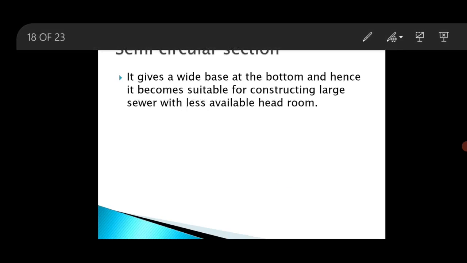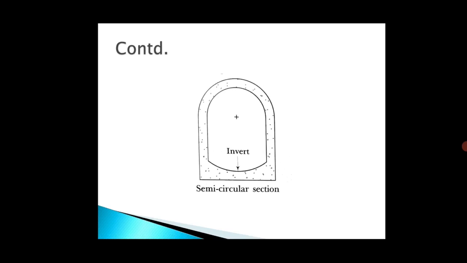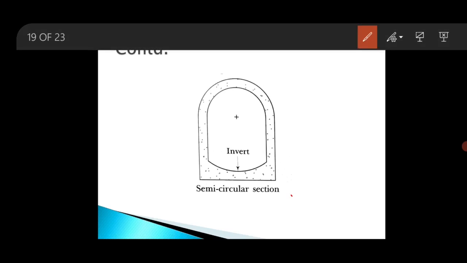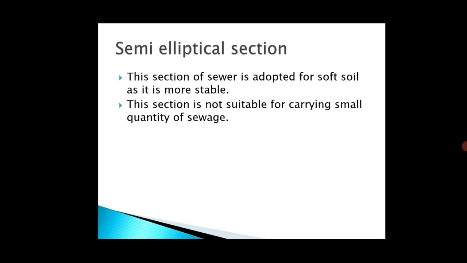Then semicircular section. The semicircular section gives a wide base at the bottom. So this is the semicircular section, and it is suitable for constructing large sewers with less available headroom. Then next is semi-elliptical section.